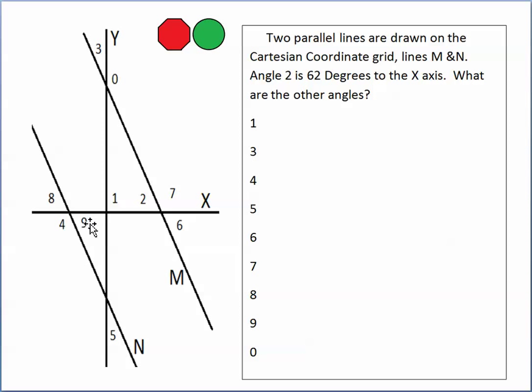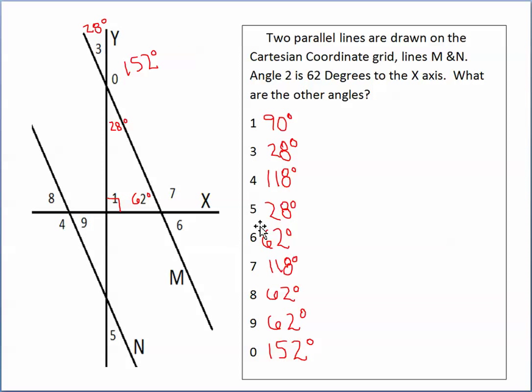So if 9 is 62 degrees, so is 8. And 4, well, it's supplemental. 62 plus this angle measurement right here will be 180 degrees, and that makes 118. So if you crunched the numbers on these, you should have come up with these numbers right here.